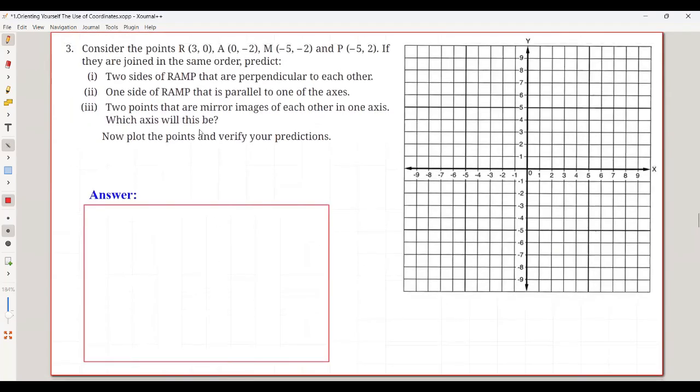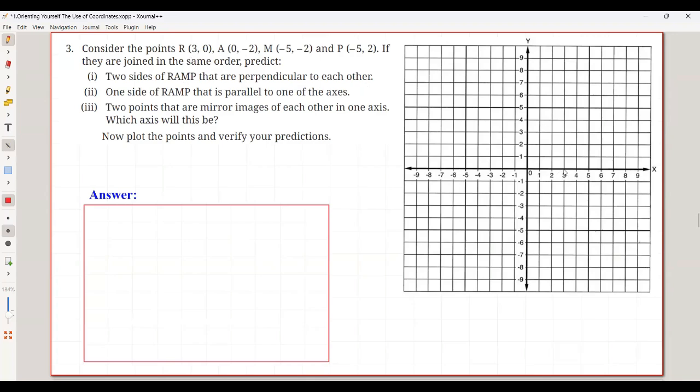Third one. Consider the points R (3, 0), A (0, -2), M (-5, -2), P (-5, 2). If they are joined in the same order, predict two sides of RAMP that are perpendicular to each other. First, I'll mark the point R (3, 0).